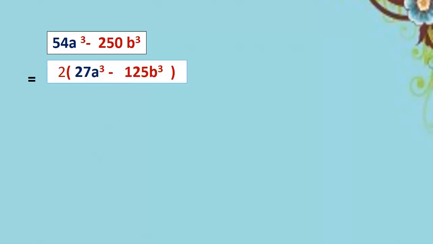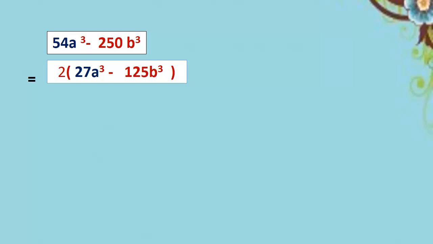Now next, 54a cube minus 250b cube. If you observed here, children, neither 54 nor 250 is any number's cube. So what to do? So first try to simplify. I can see that both these numbers are even numbers divisible by 2. So let's take out 2 as a common factor. You will get 27a cube minus 125b cube.